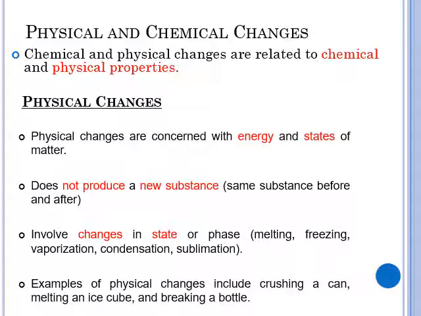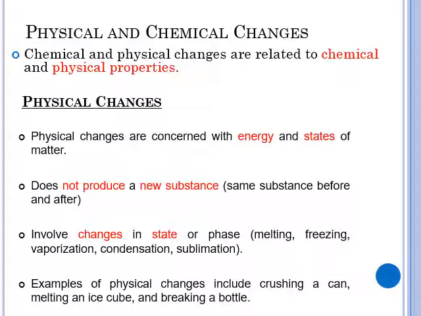Does it involve physical or chemical changes? These are the properties of the matter. Physical changes concern energy and the state of matter. They do not produce a new substance. It's just the same substance before and after. There's no change of the substance after the reaction.